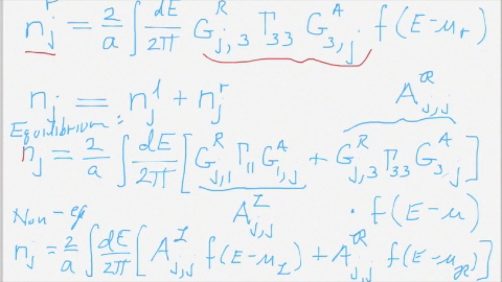Now, the equilibrium one is the one of interest at the moment. Because you already know the expression for the electron density in equilibrium in a crystal. You just integrate the density of states times the Fermi factor, right? And if we look at this expression here for our electron density in equilibrium, it's something times the Fermi factor that you're integrating. So that something must be the density of states.